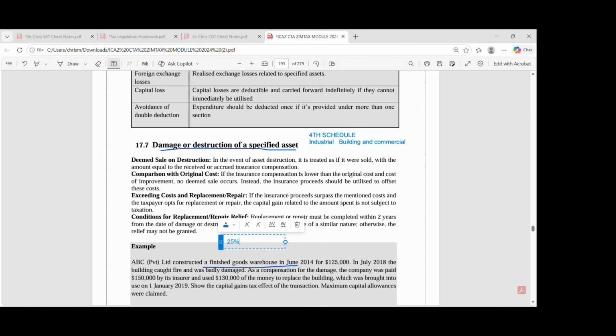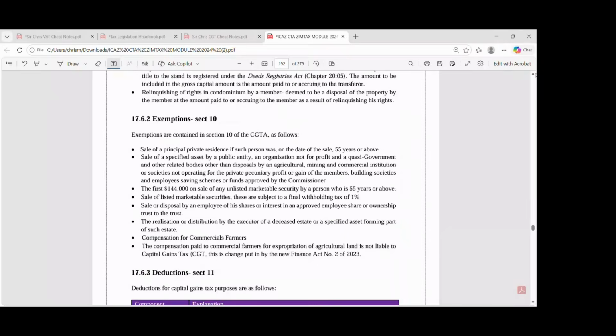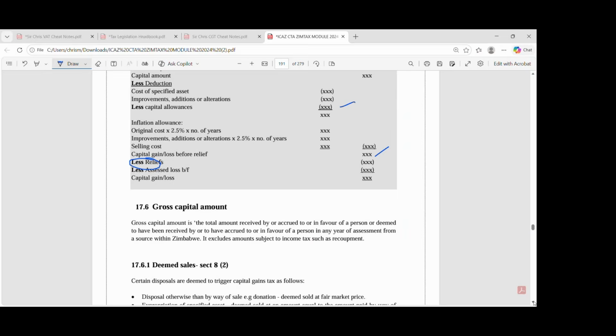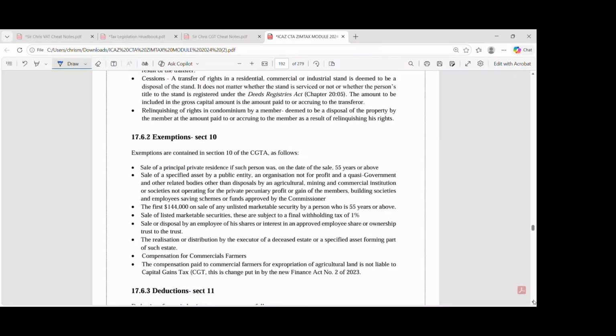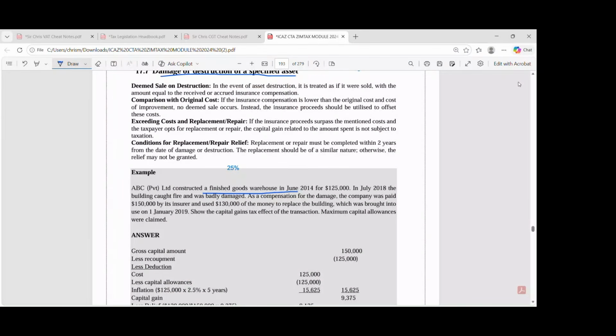So if I go to my universal formula panel, where I want to determine my capital allowances, that's here. Where I want to determine recoupment, let me calculate it based on the principles of an industrial building. The examiners assume that you have the knowledge, they assume you studied thoroughly.